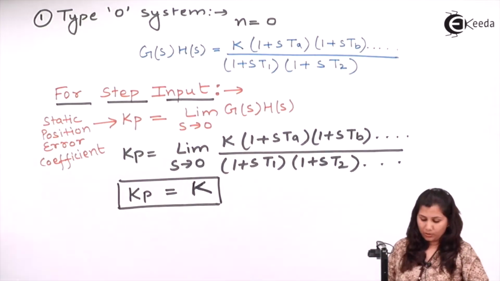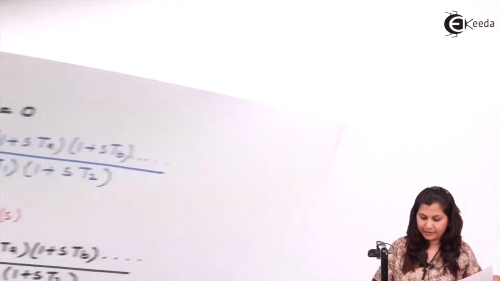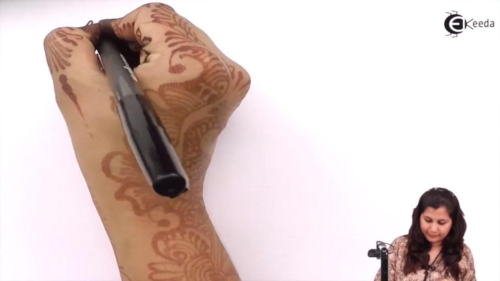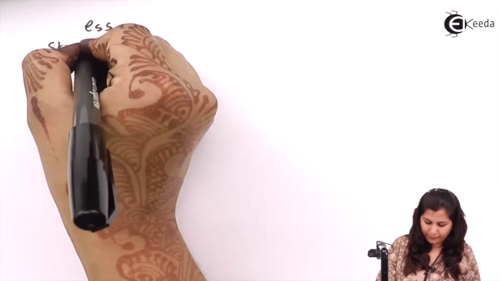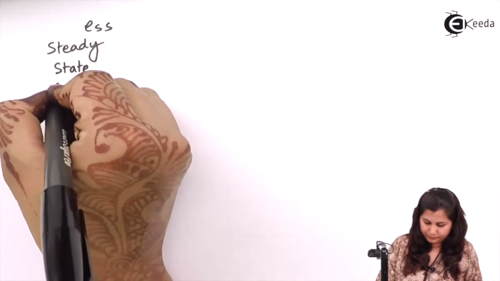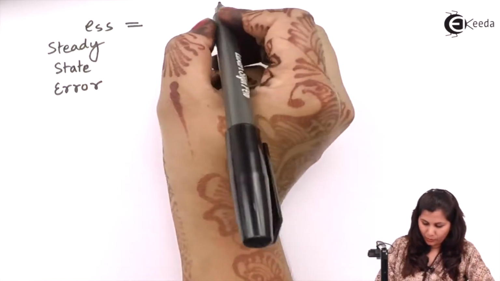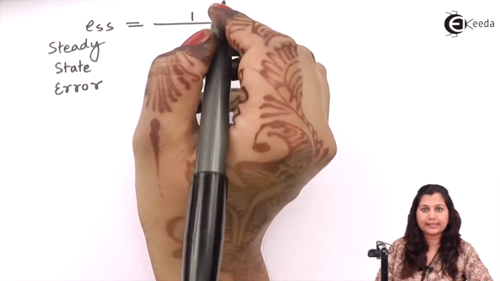Okay. Now we have the steady state error. So the steady state error, that is ess, is given by 1 upon 1 plus Kp.